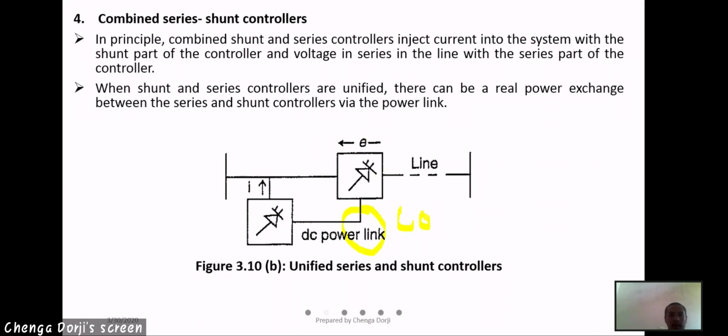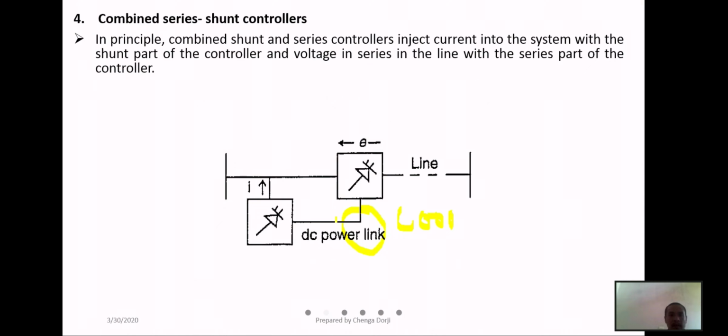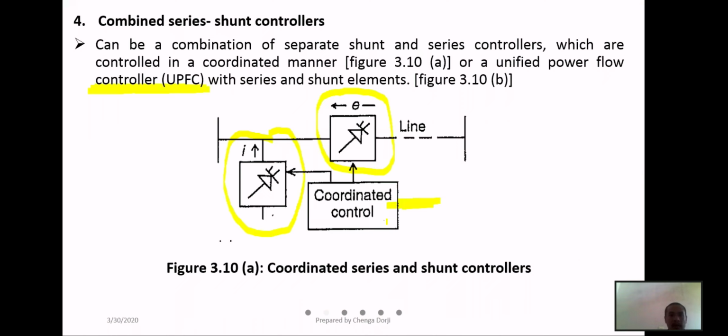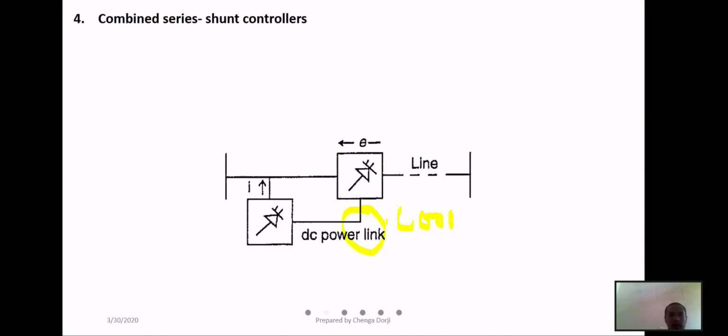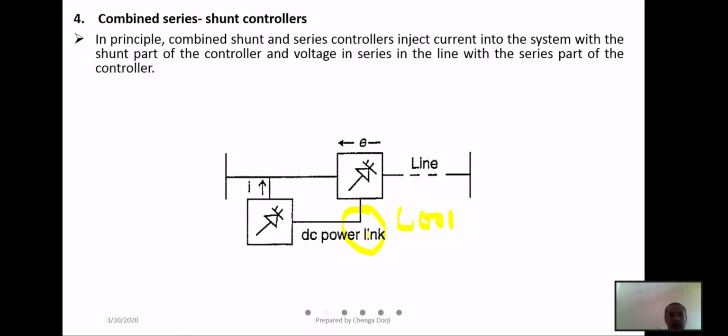Coordination was there in this case, right? But in the case of UPFC, this coordination part is missing. If you go back to this figure, the coordinated controller is not there in a unified power flow controller. So the only difference is the coordinated controller is not present in this UPFC.